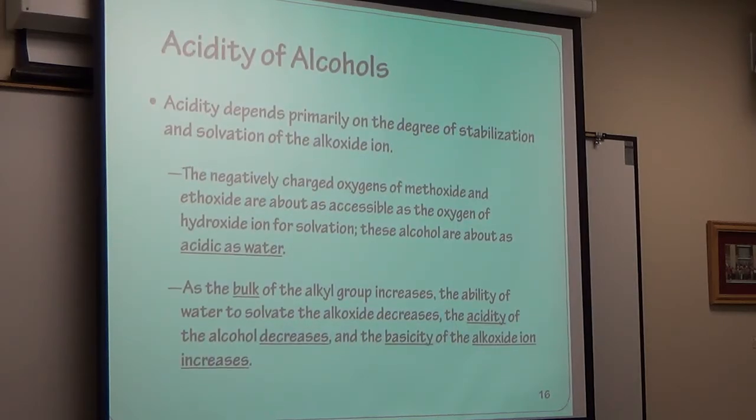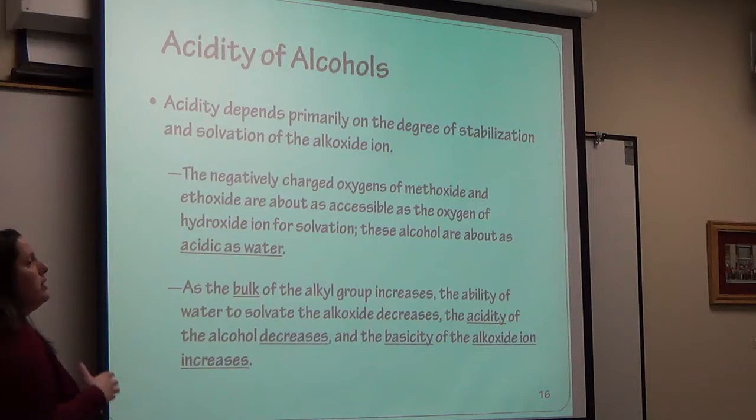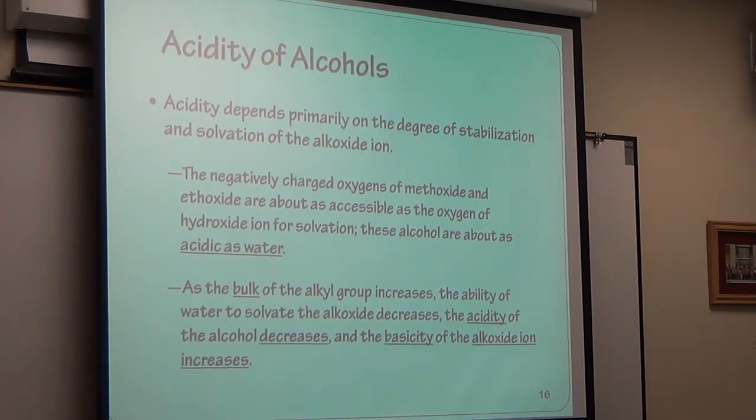Okay. Remember that acidity in general has to do with the stability of the anion that's formed once the hydrogen has left. Remember, an acid is going to donate its hydrogen, so once the hydrogen has left, how stable is that ion? Well, the alkoxide ion is what you would form from an alcohol, and unfortunately, there's nowhere for that charge to go.